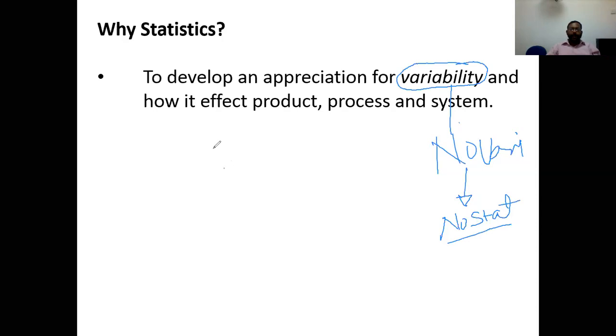For example, you do a titration. Have you done titration for your examination?